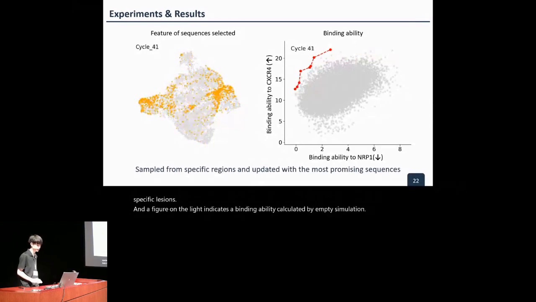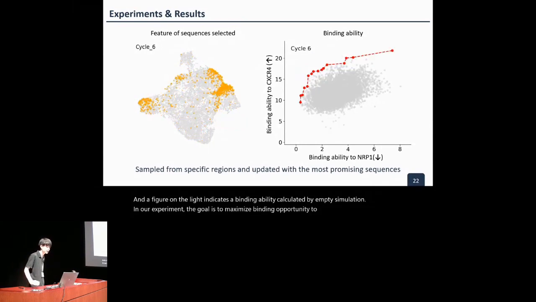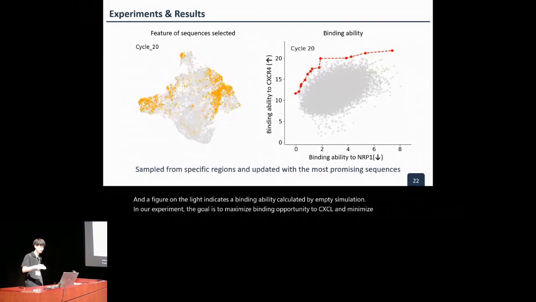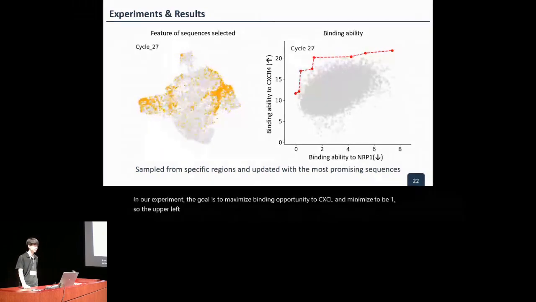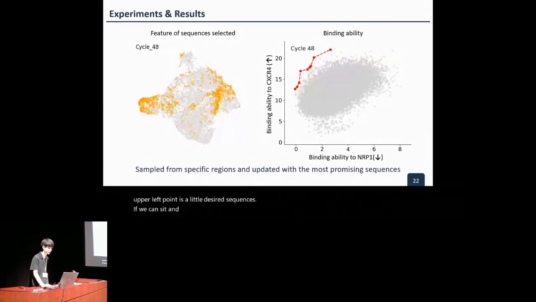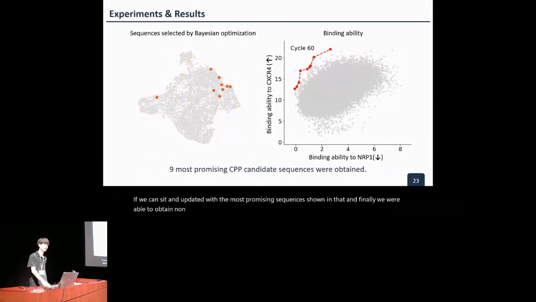In our experiments, the goal is to maximize binding ability to CXCR4 and minimize it to NRP1, so the upper left point is the desired sequences. We can see it updated with the most promising sequences shown in red. Finally, we were able to obtain 9 promising sequences indicated by red dots.